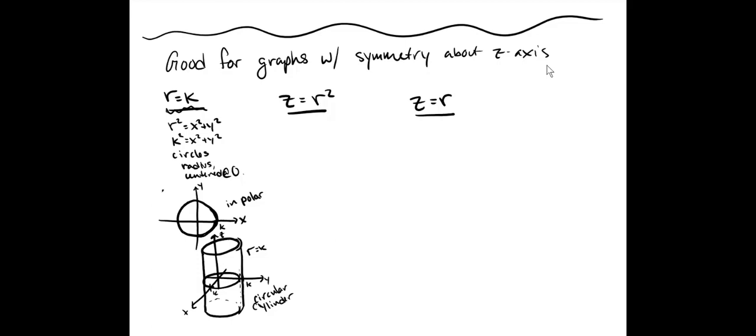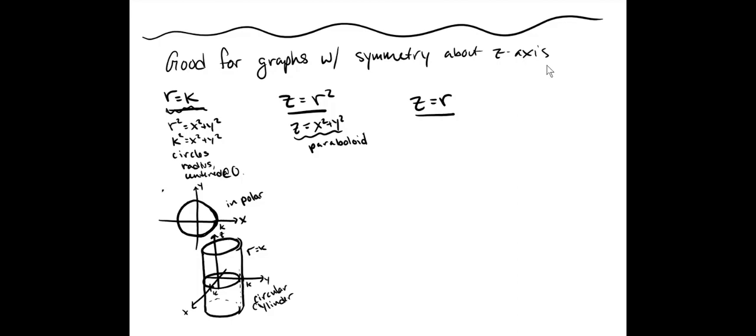What about z equals r squared? We've kind of seen something like this before. Remember, if I replace r squared with what it equals, x squared plus y squared, this is just a paraboloid. We're kind of seeing it in a simpler way, right?